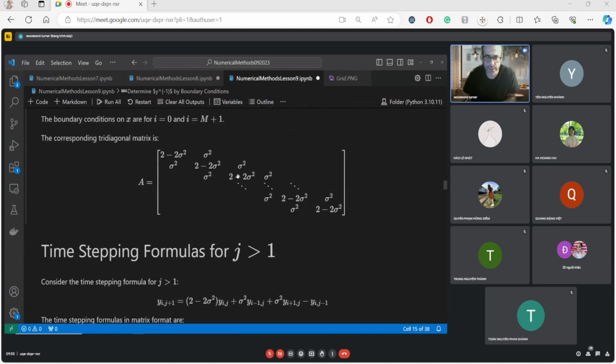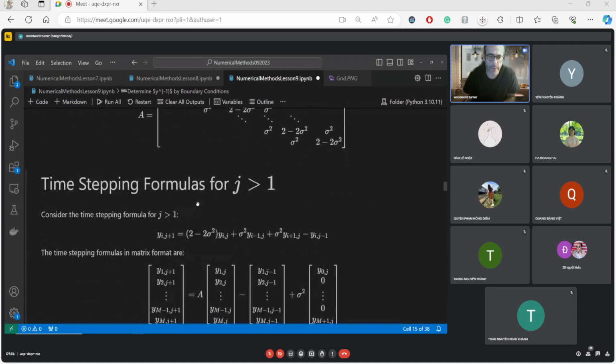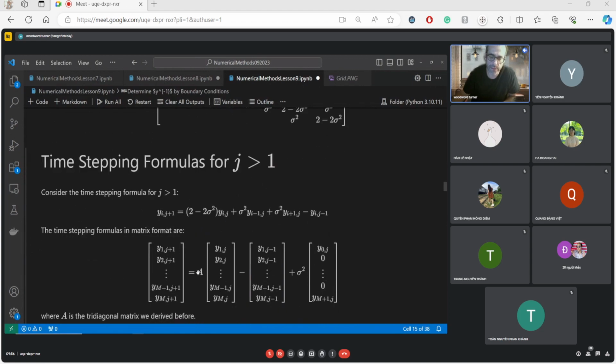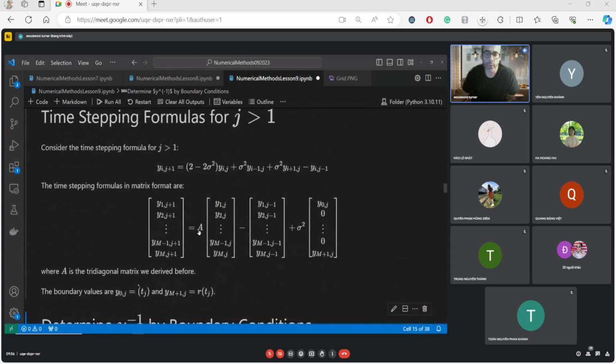If we look at what we're subtracting, it's the same idea, y sub 1, y sub 2, down to y sub m minus 1 and y sub m, and the j minus 1s are fixed. So we're subtracting the vector from the previous time step. So this is actually going 2 time steps back in this formula.